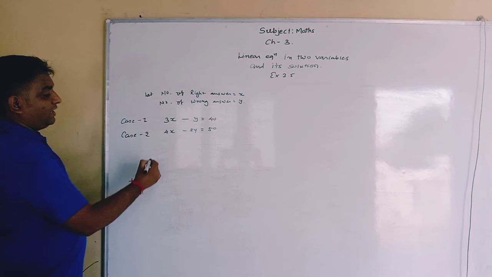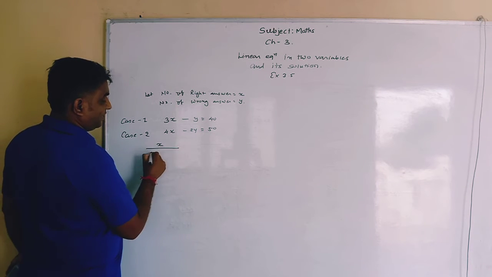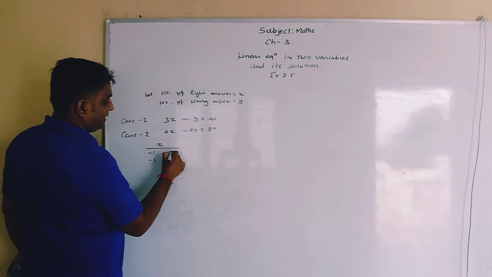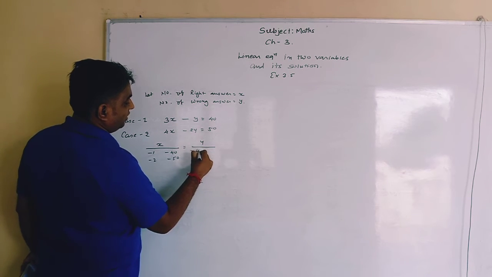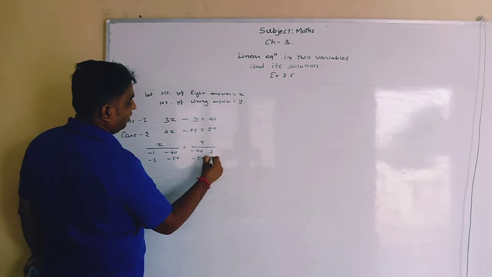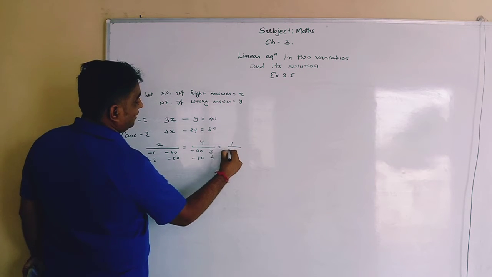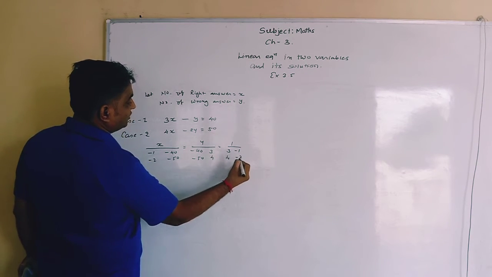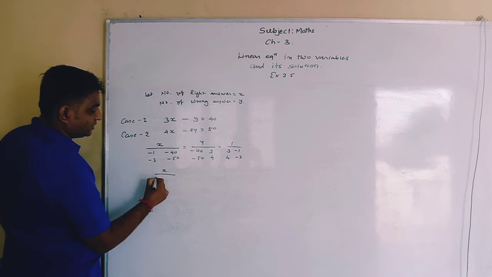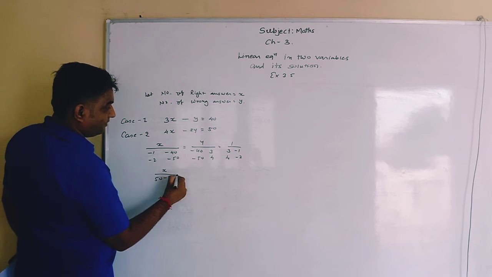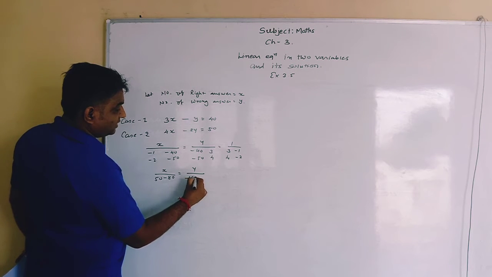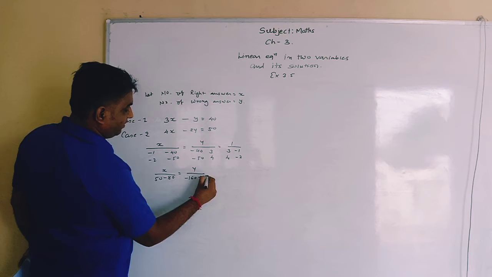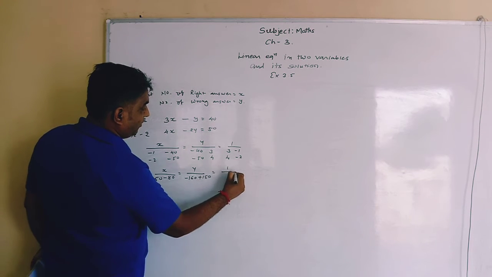So we can take the cross multiplication method, x upon minus 1 minus 2 minus 40 minus 50, y upon minus 40 minus 50, 3 4 and 1 upon 3 4 minus 1 minus 2. So x upon 50 minus 80, y upon minus 160 plus 150 and 1 upon minus 6 plus 4.